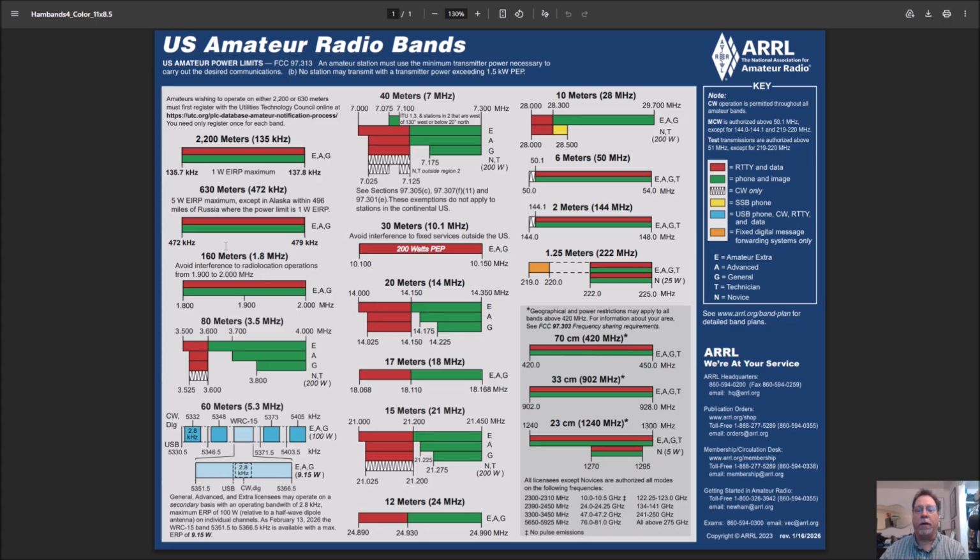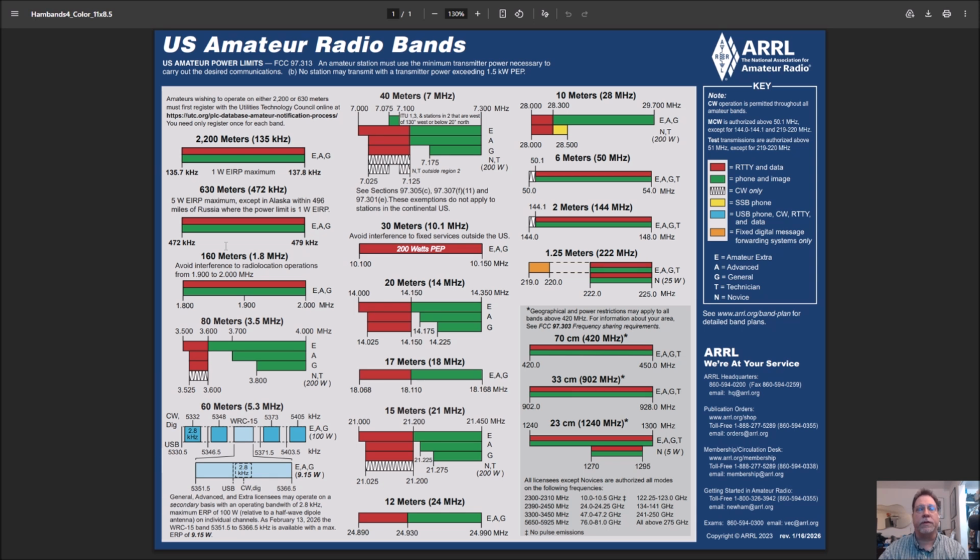So you can be on the 20-meter band, one of the more popular HF bands, and you can be at your home here in the United States, and you can talk to Canada, Mexico, Europe, Asia, you can talk all over the world on the 20-meter band, usually in the daytime hours and early nighttime hours. In the 6-meter band and higher, it's usually line of sight.